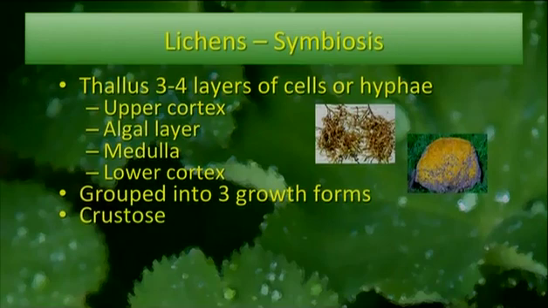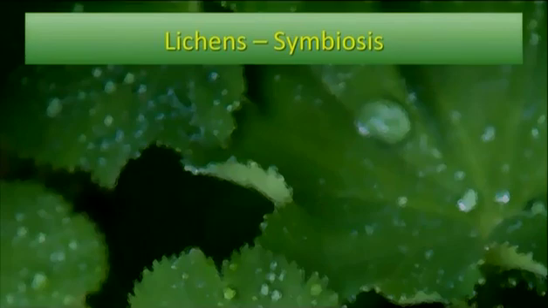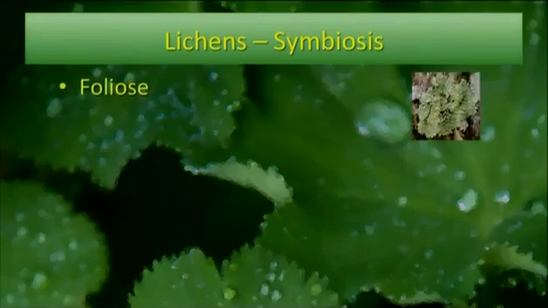The first type is crustose. Crustose lichens are like crusts. They're attached or embedded in the substrate over the lower surface. The foliose lichens tend to be kind of leaf-like.